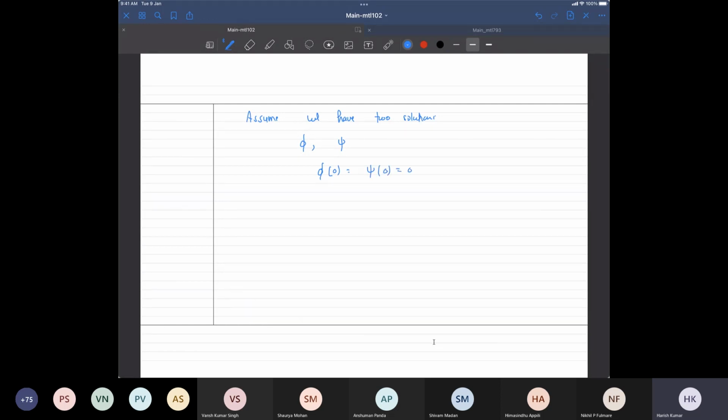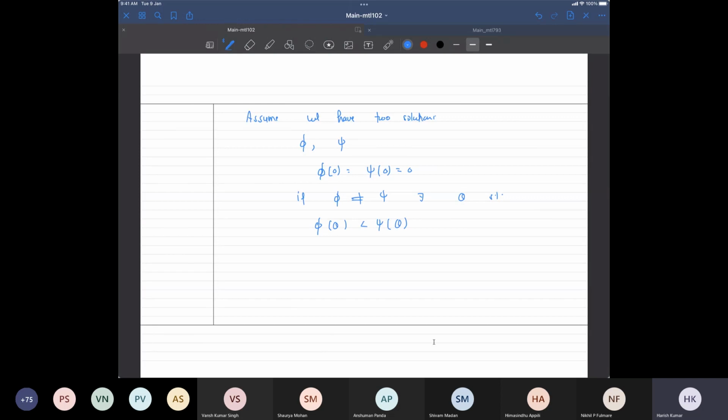Now if they are different functions, then there will be a number theta. So if phi is not equal to psi, there will exist a theta such that phi(theta) is less than psi(theta). Of course, it can be the other way around also, but let's assume it's this way around. Otherwise, you can change their order.